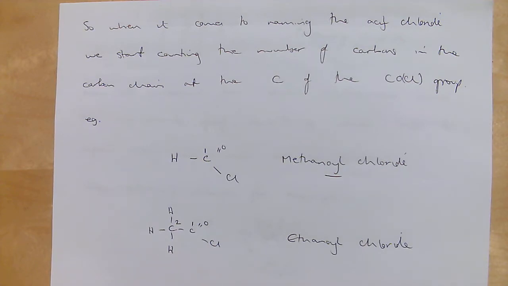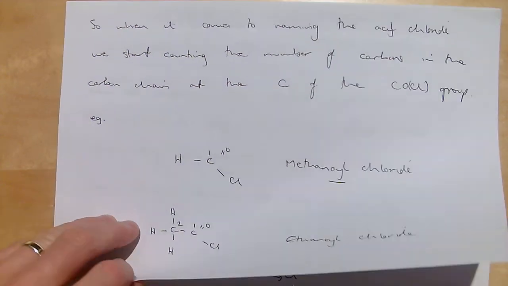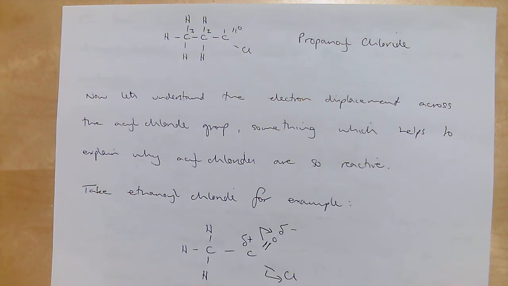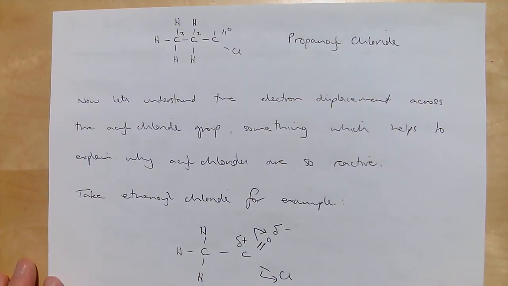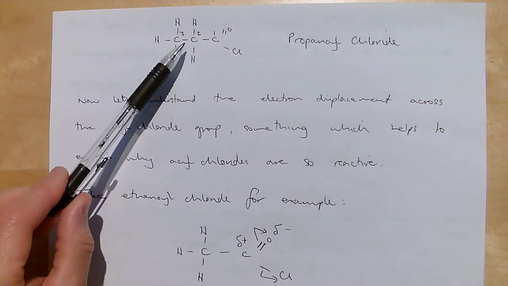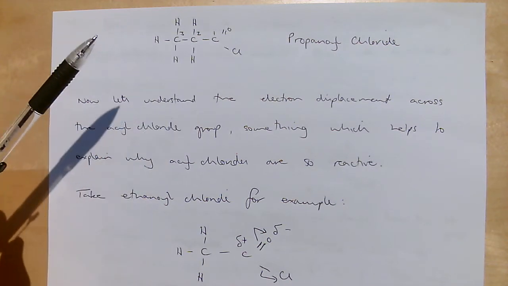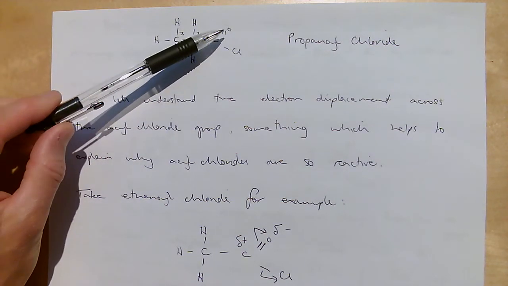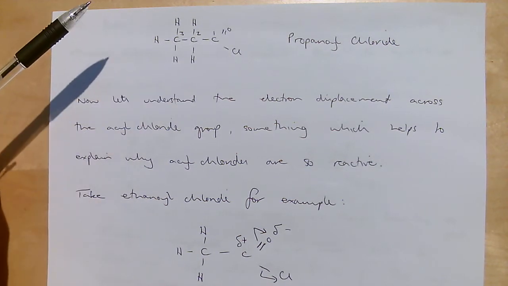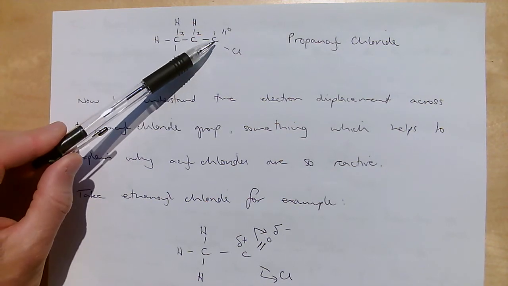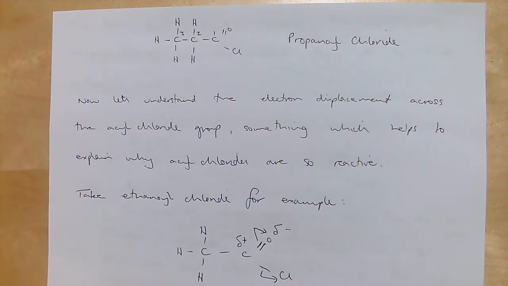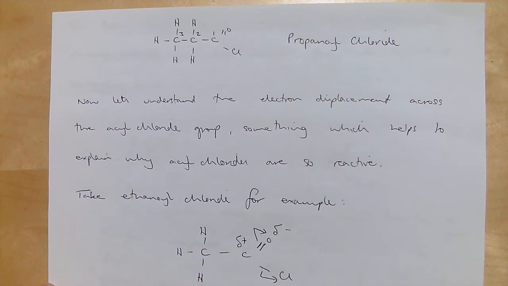COCl makes it an acyl chloride. And then following the pattern, I've got meth, eth, prop. I've got propanoyl chloride there, COCl being the functional group of my acyl chloride, and I've got 1, 2, 3 carbons in my carbon chain.